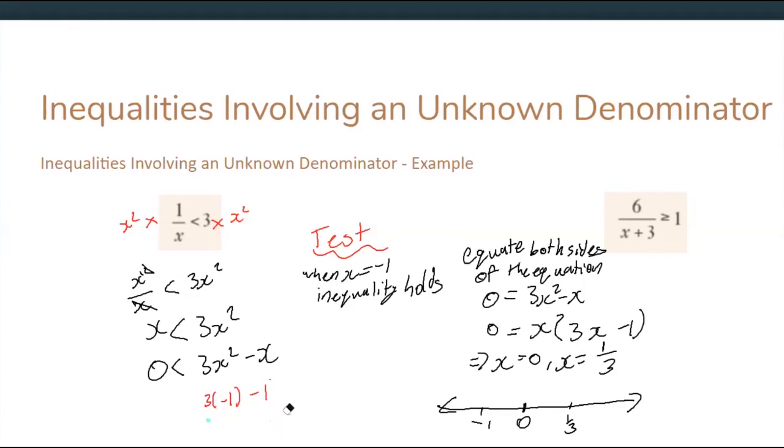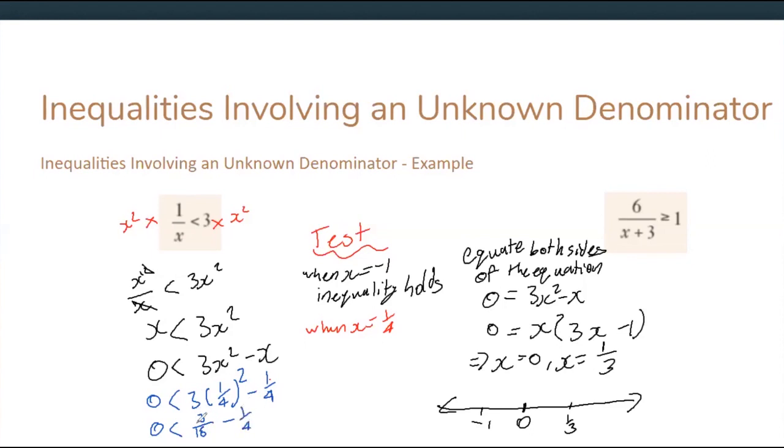And so now I can also test a value in between these, let's say a quarter, when x is equal to a quarter, because that's in between 0 and a third. Then what we get is 0 is less than 3 bracket a quarter minus a quarter. Oh, that should be squared. So this ends up being 3, and that's going to be 1 over 16. So that's going to be 3 over 16 minus a quarter.